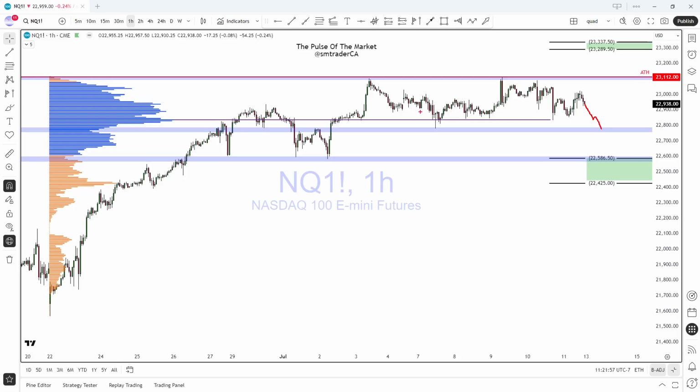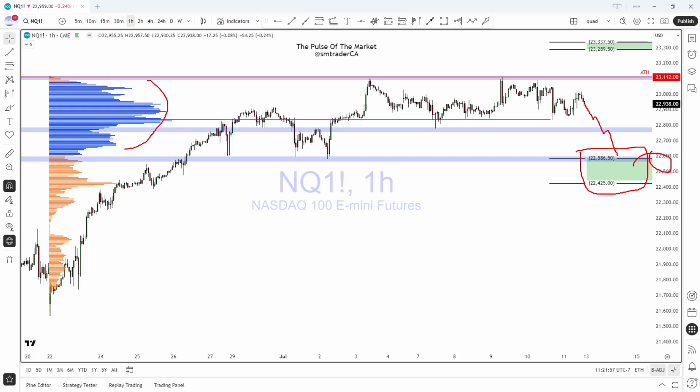Now, for example, let's say it came back down and this time it breaks this POC. Then we're looking at this low volume zone to see whether it will be able to hold. If it's unable to hold this low volume zone, then we're going to be looking for price to retrace back down from this value area to 22,600, essentially moving into the lower range of the weekly expected move between 22,586.50 and 22,425.